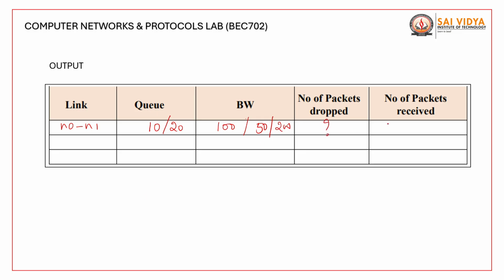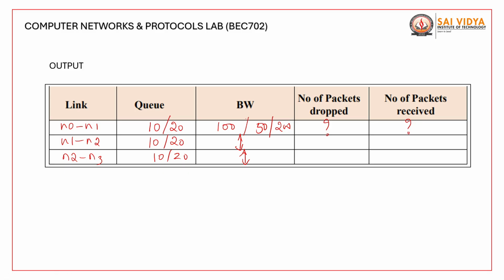Note down the packets dropped and packets received. Similarly, N1 to N2, N2 to N3. You vary the queue size, 10 or 20. So vary the bandwidth here and note down. So this is the explanation for the program.